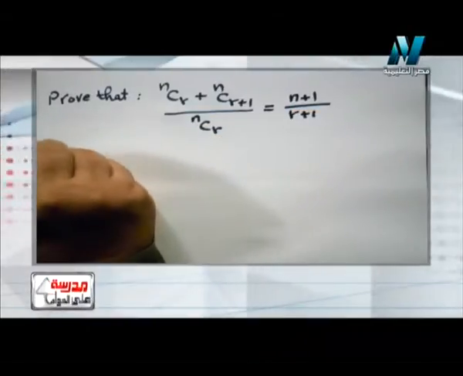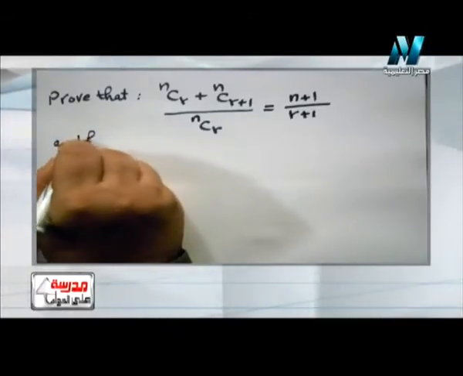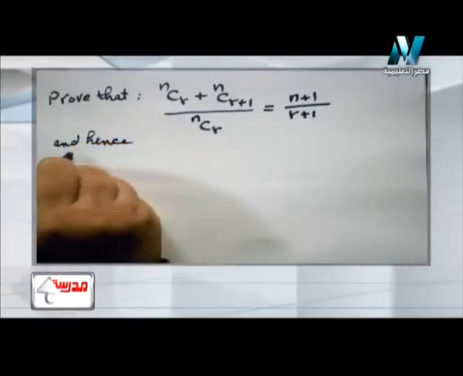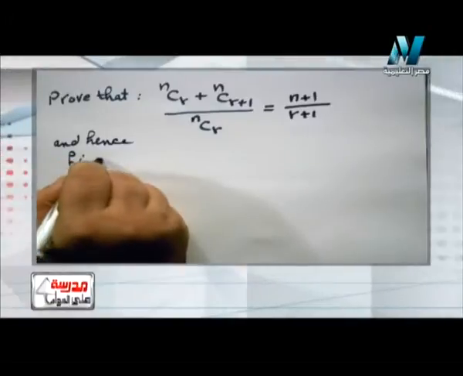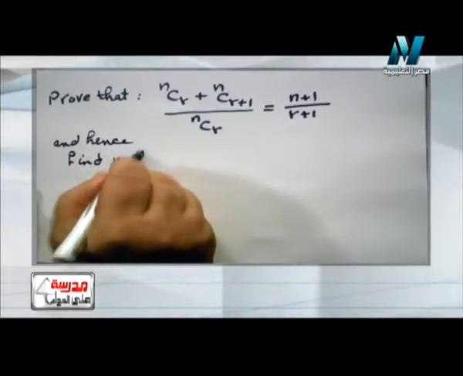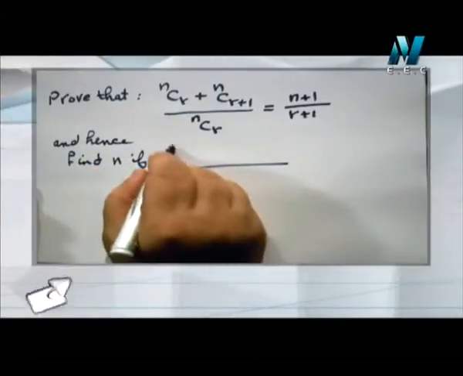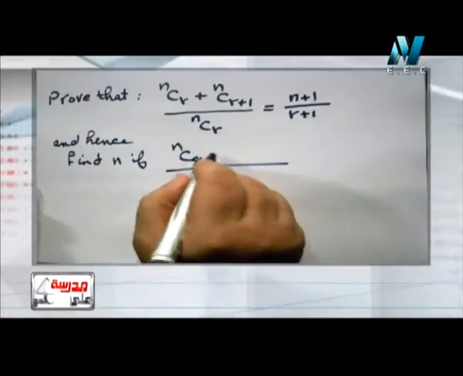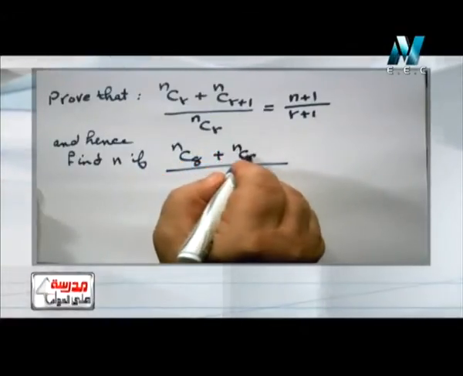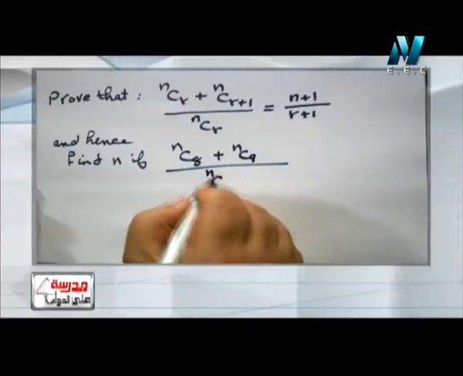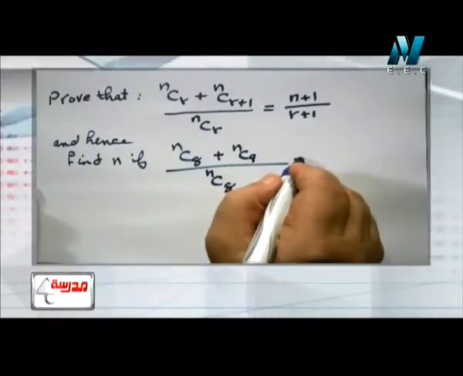Let us do this first, and then hence find n if (nC8 plus nC9) over nC8 equals 7 over 3.